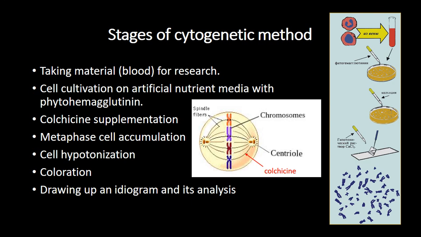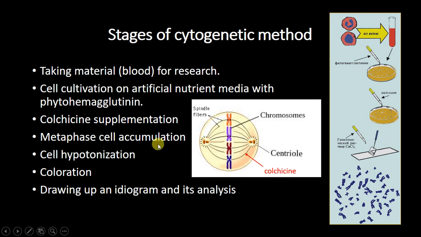It induces mitosis and affects the cell membrane in regard to transport and permeability to proteins. So the artificial nutrient medium with phytohemagglutinin helps to induce mitosis.